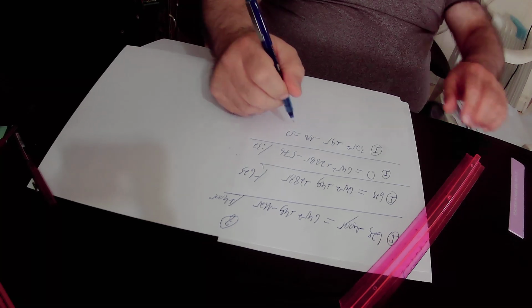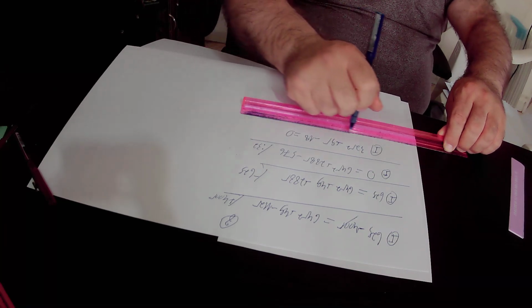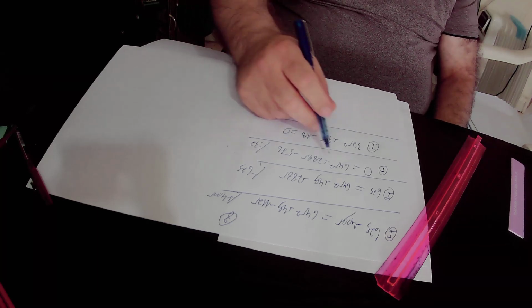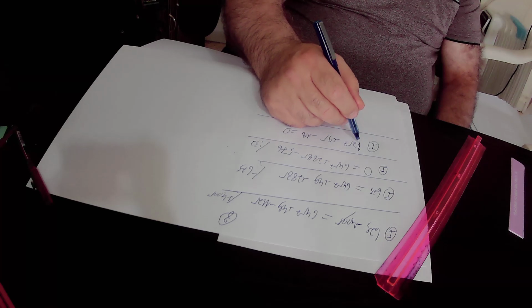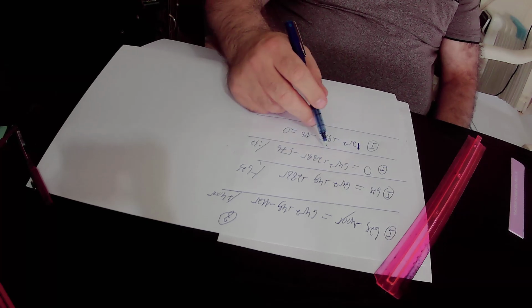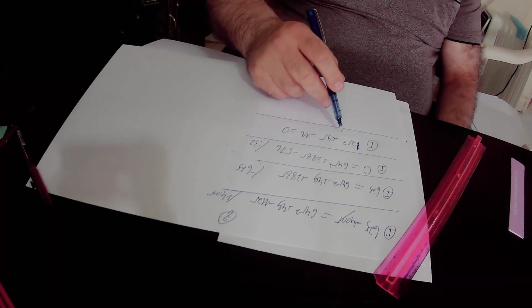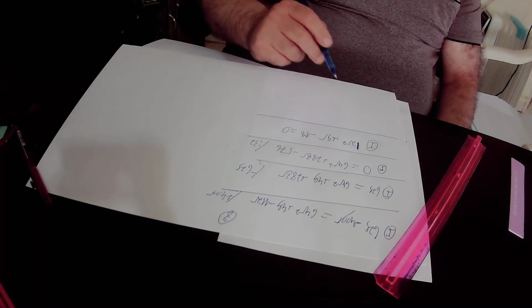So in conclusion, we got the quadratic equation, where 64 over 32 is 2, so we are left only with 2r squared.